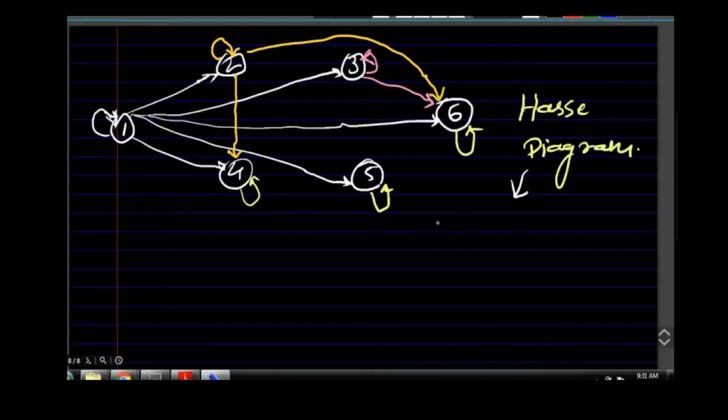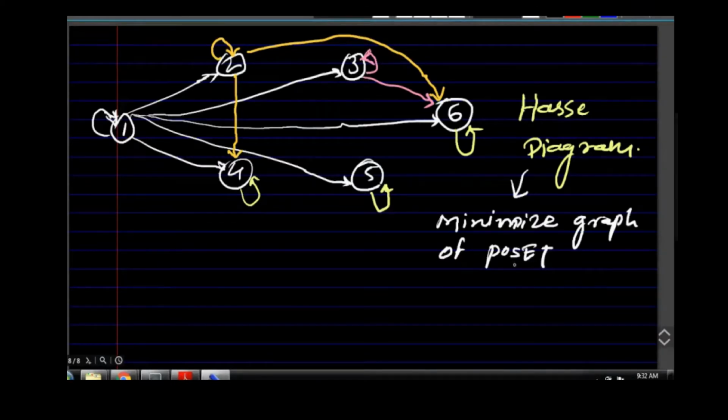The purpose of the Hasse diagram is to minimize the graph of a poset. Poset means partial order relation. So to minimize the graph of a poset, this Hasse diagram is used. Now how to draw this Hasse diagram?